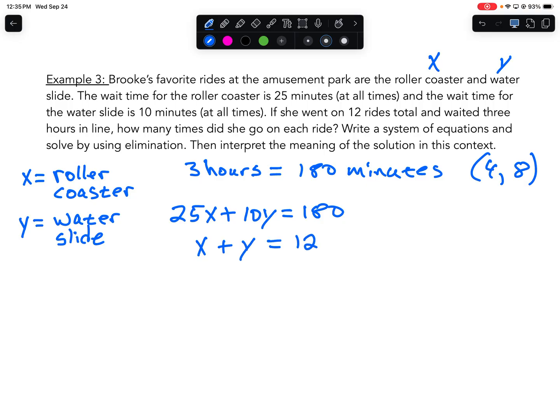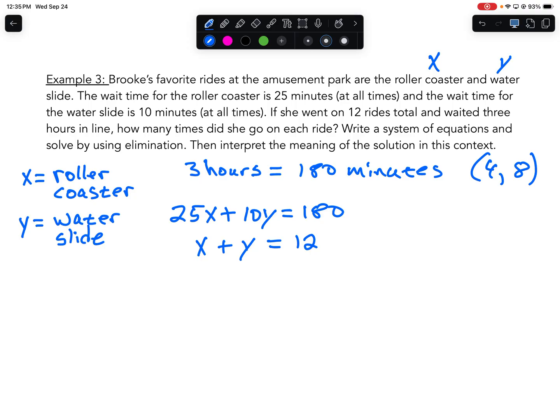Tell me when you want to check your equations and I'll put it up here. You want to check? Can you explain it to us? So the hardest thing is, I think the easy equation is the one with minutes, right? Because it says minutes. So you know that 25 minutes for the roller coaster, so that's 25x, and then 10y, because y is water slide, equals 180.